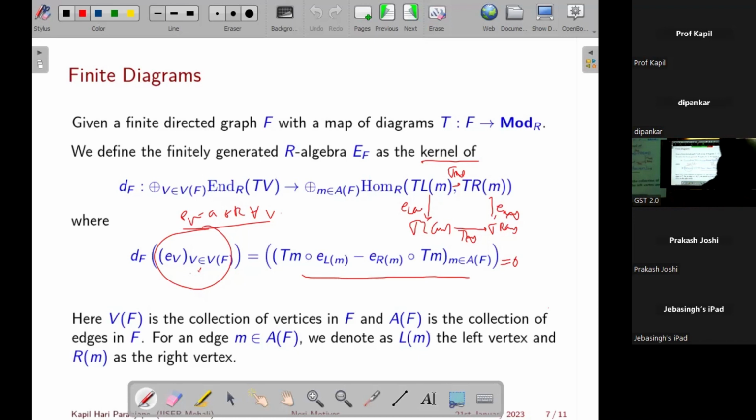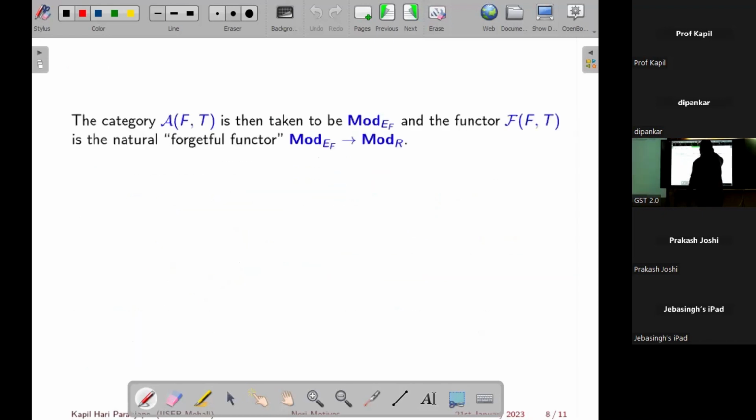Okay, EF is Noetherian. So somewhere I should have remarked that. This is a finitely generated R module.